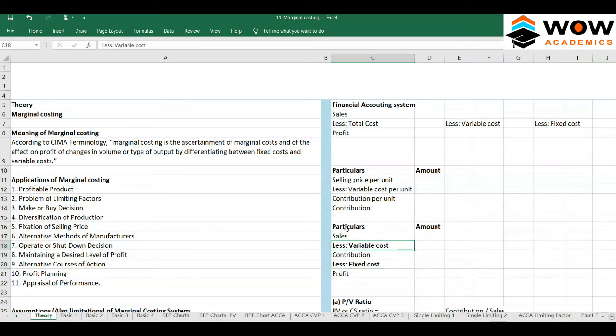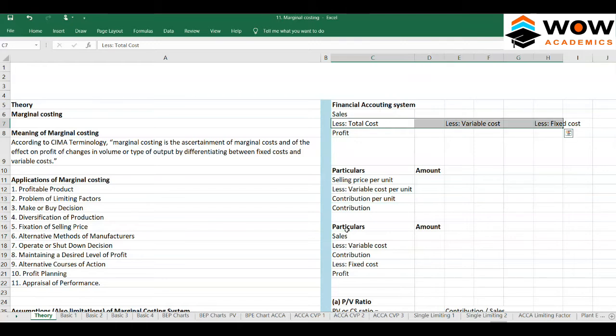The difference between sales and variable cost is called contribution. Contribution is the profit that you get for the sale of one unit. We can't say exactly profit, but you can think of it as the cash inflow you get for the sale of one product. That's the closest definition we could give for contribution. Hope you got the idea here.